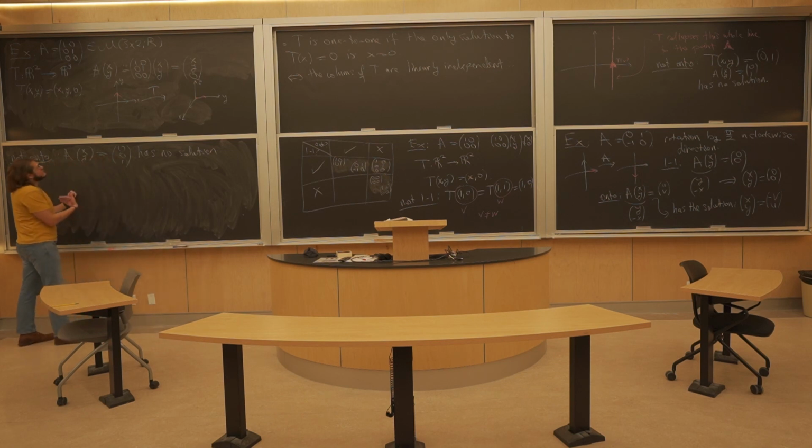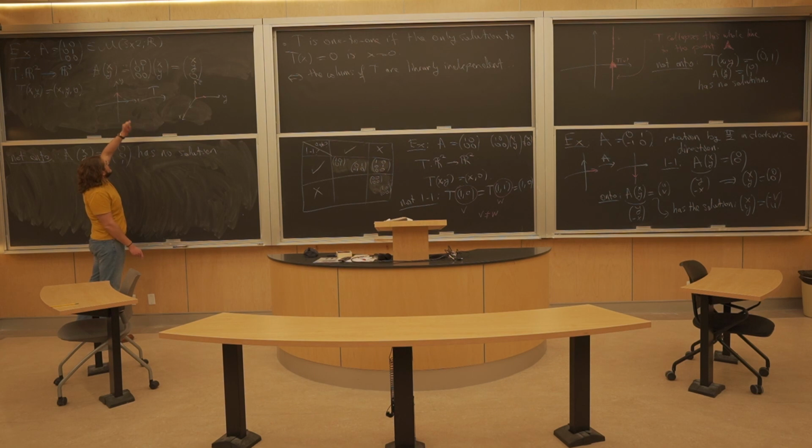Or in terms of accessibility, I can see that using the columns of my transformation, (1, 0, 0) and (0, 1, 0), it is not the case that I can access anywhere in three dimensions. I would be stuck in the xy plane.